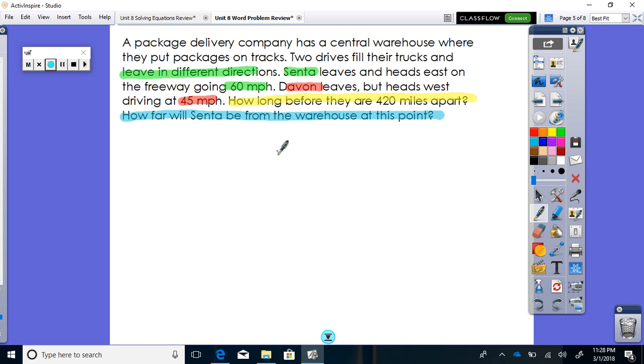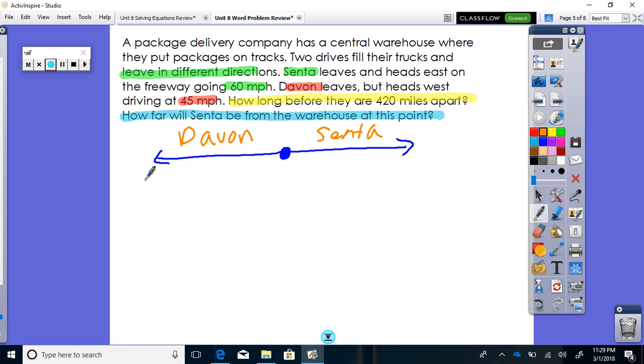So this is a problem where they're starting in the same spot, but they're going opposite directions. Senta is going east, and Devon is going west. And I want to know when the total distance between them is 420 miles.